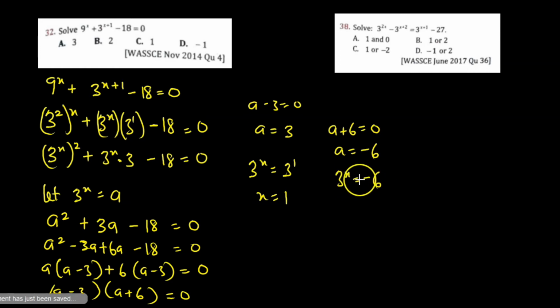So at this point, I'll say that there is no solution for 3 to the power x equal to negative 6. I hope it is well understood. Therefore, our possible answer to the question is C.